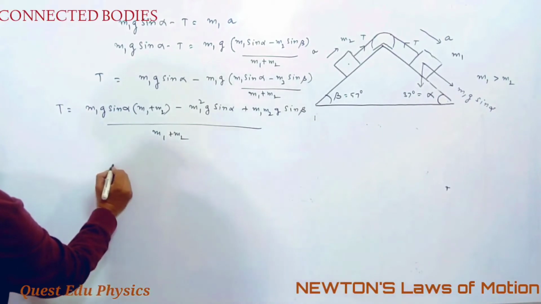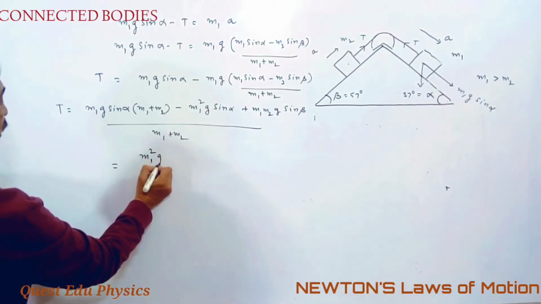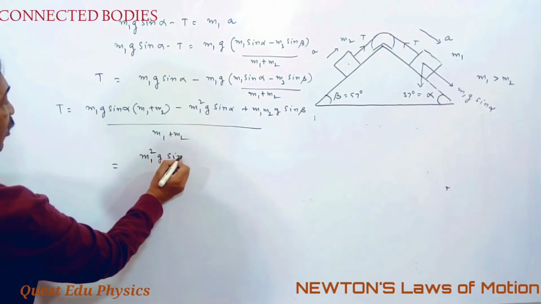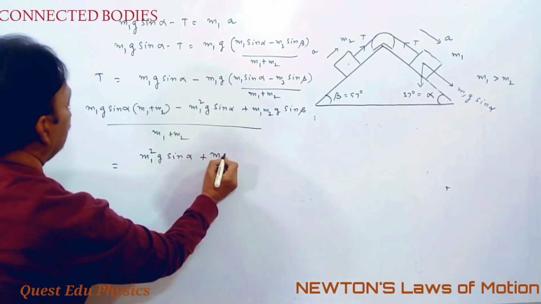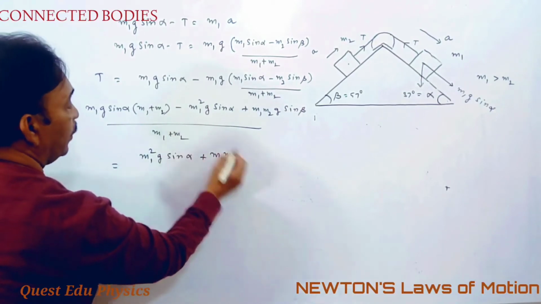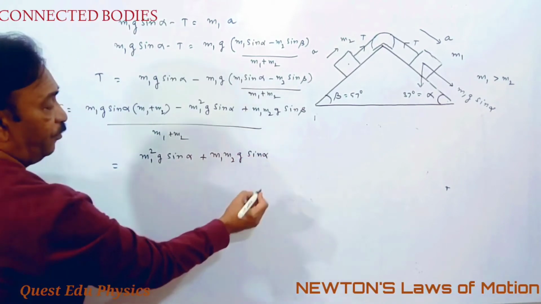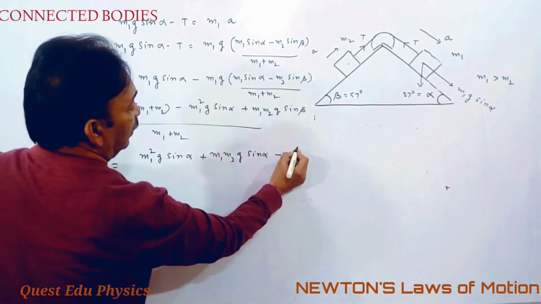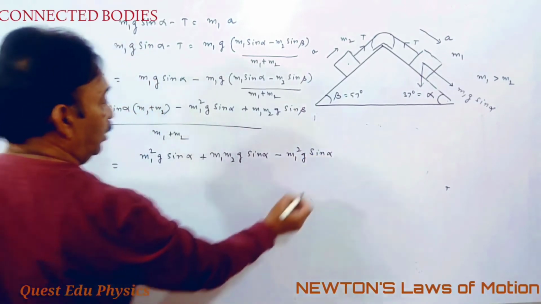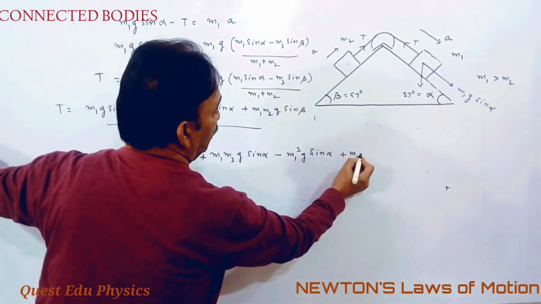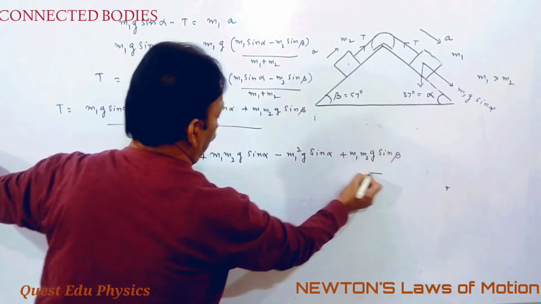Further it can be written as m1 square g sine alpha plus m1 m2 g sine alpha minus m1 square g sine alpha plus m1 m2 g sine beta.